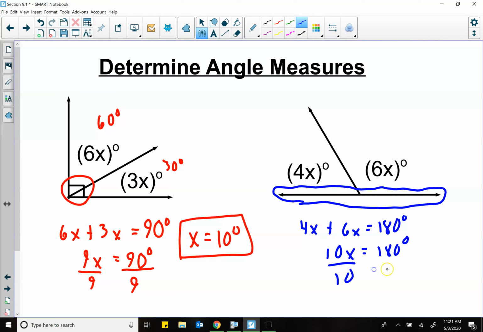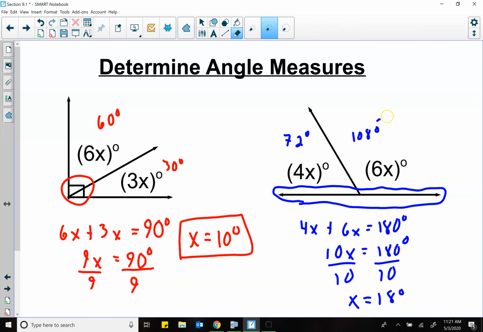Divide by 10, divide by 10, x equals 18 degrees. And if they want you to plug back in to figure out the angles, this is what you're going to get: 72 degrees right here, 108 degrees right over here, and again, that verifies that these are supplementary.